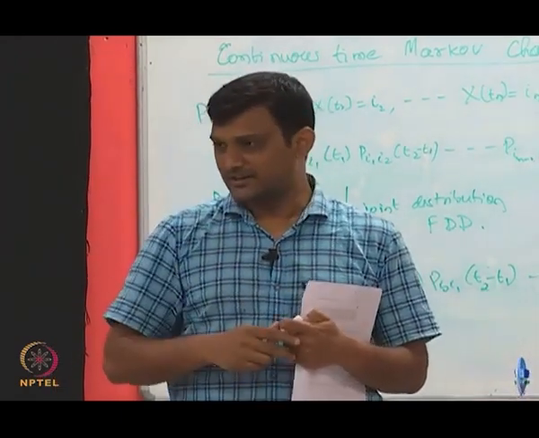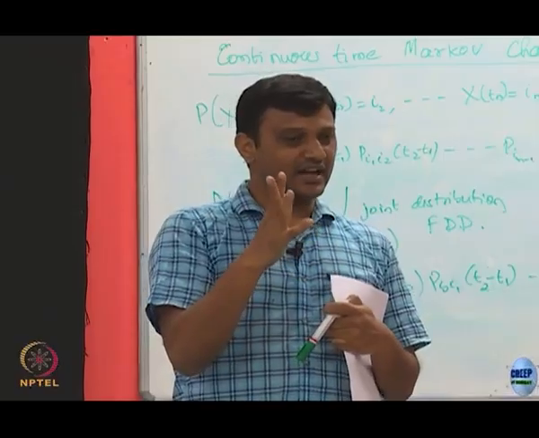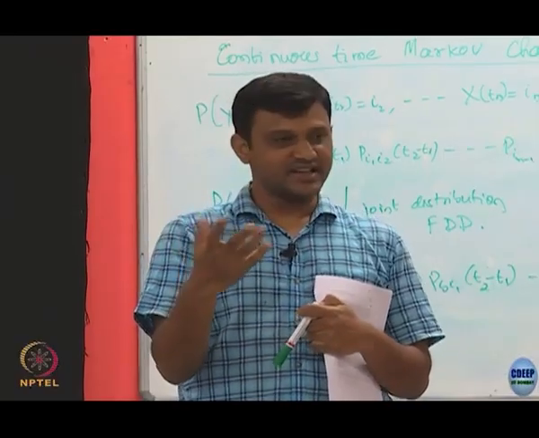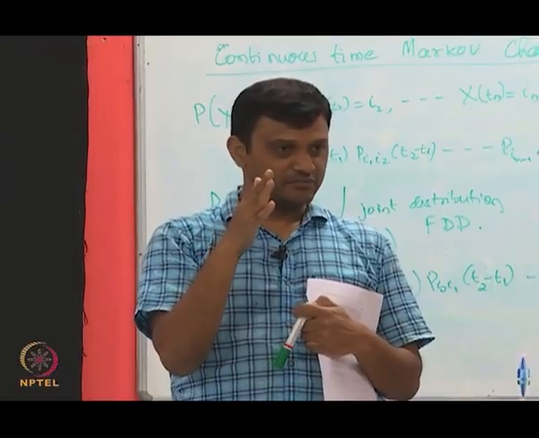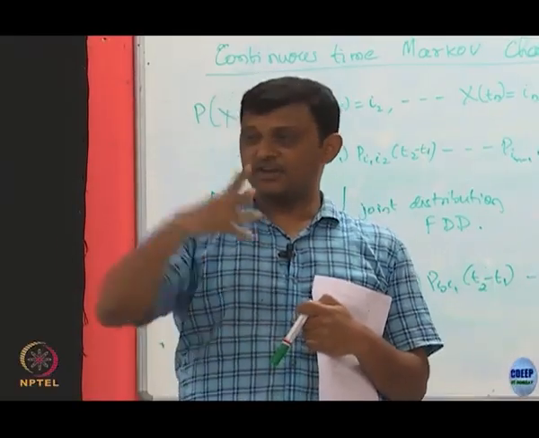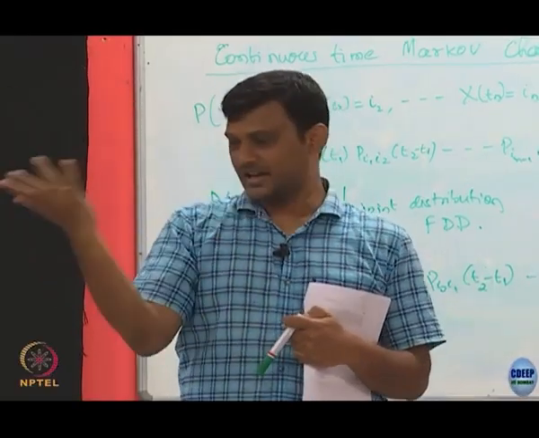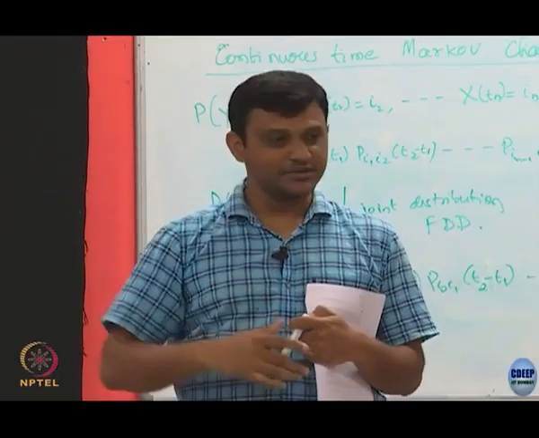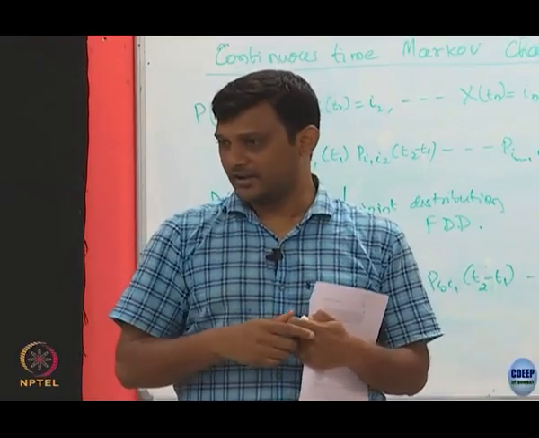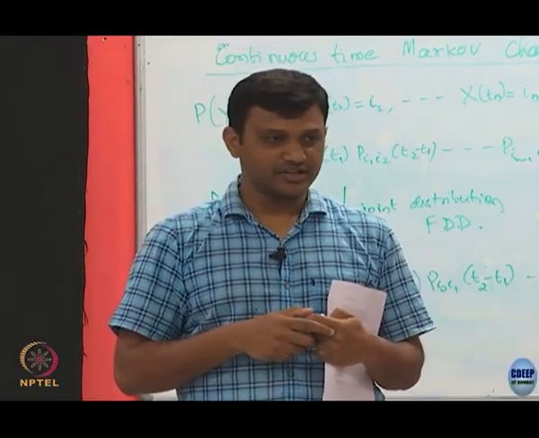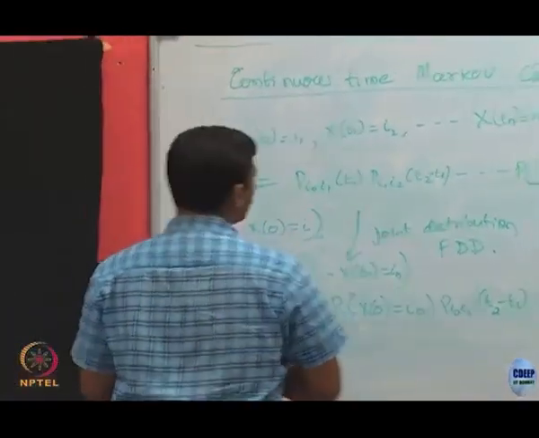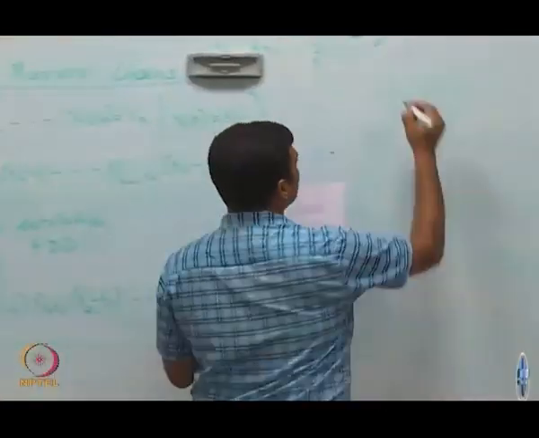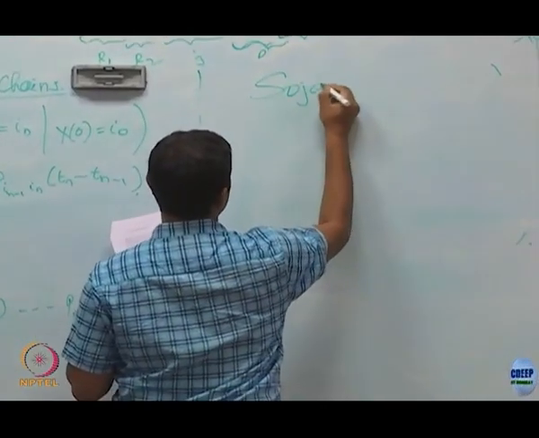Maybe one way to describe that is to give an alternative characterization by saying that if I am at this state at a particular time, I am going to stay in this state for this much more time. Maybe that is a random value, but if you can give that distribution, maybe you can alternatively characterize your continuous time Markov chain. Those can all be given through your sojourn times.